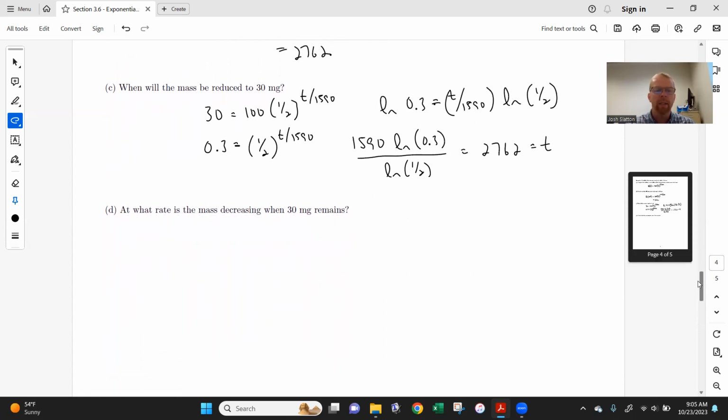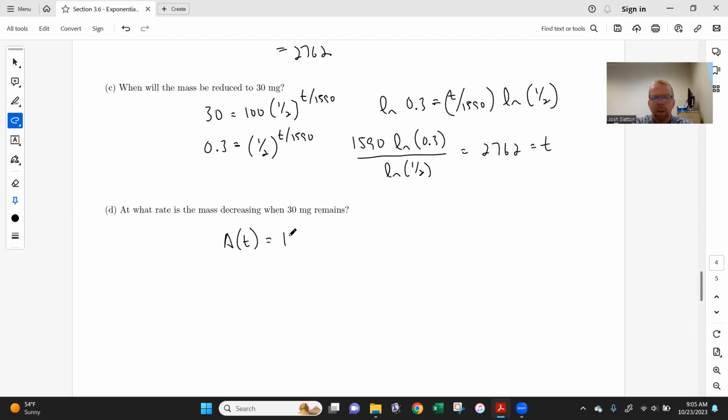All right, at what rate is the mass decreasing when 30 milligrams remain? So we need to take the derivative. Our function is A of t is 100 times 1/2 to the t over 1590.